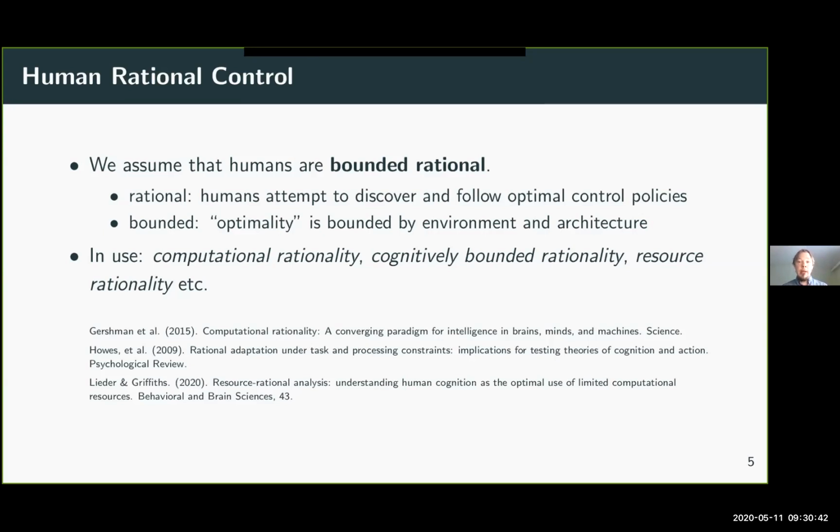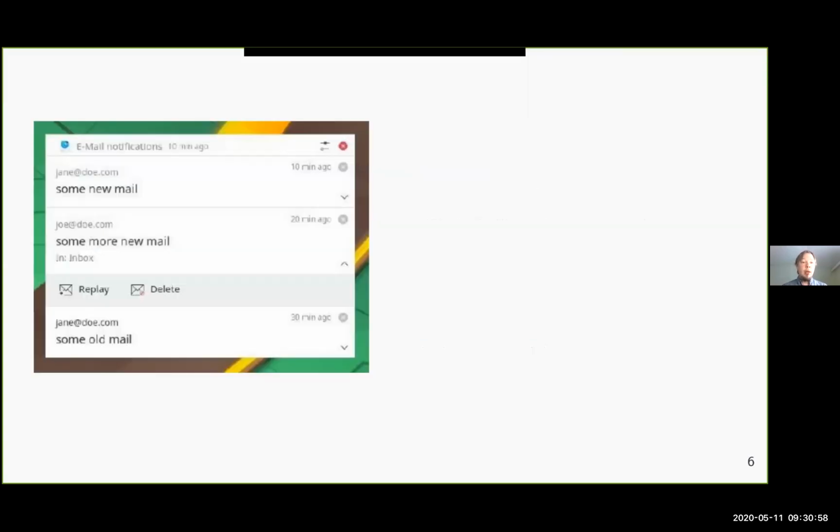Now, in today's topic, multitasking, the bounded rationality idea is applied to describe how humans decide to switch between tasks. So, for example, I might be writing a paper, itself a really complicated control task that requires planning, and it also requires the ability to control the keyboard of the computer and so on.